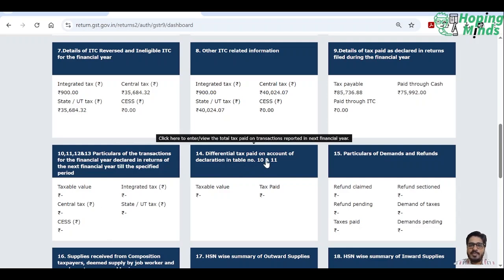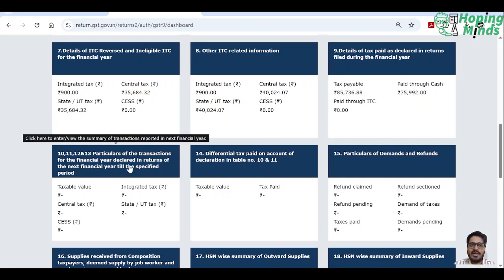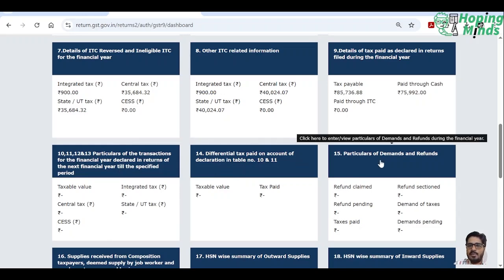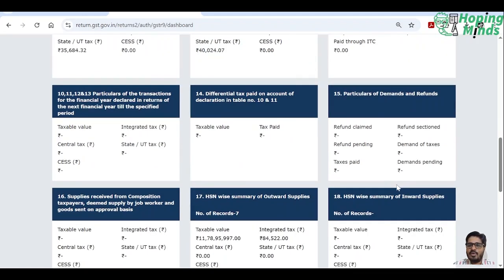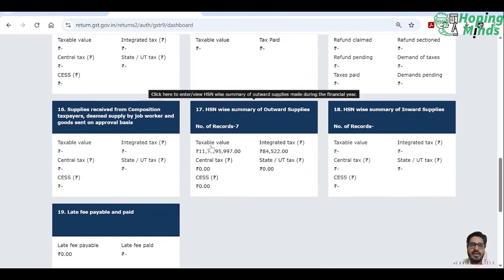Then differential tax paid on account of declaration in table 10 and 11. So 10 and 11 pertains to this. There were no such data. Particulars of demand and refunds, no demand or refund raised during the year. Then supplies received from composition taxpayers, deemed supply by job worker and goods sent on approval basis. Again, no information.